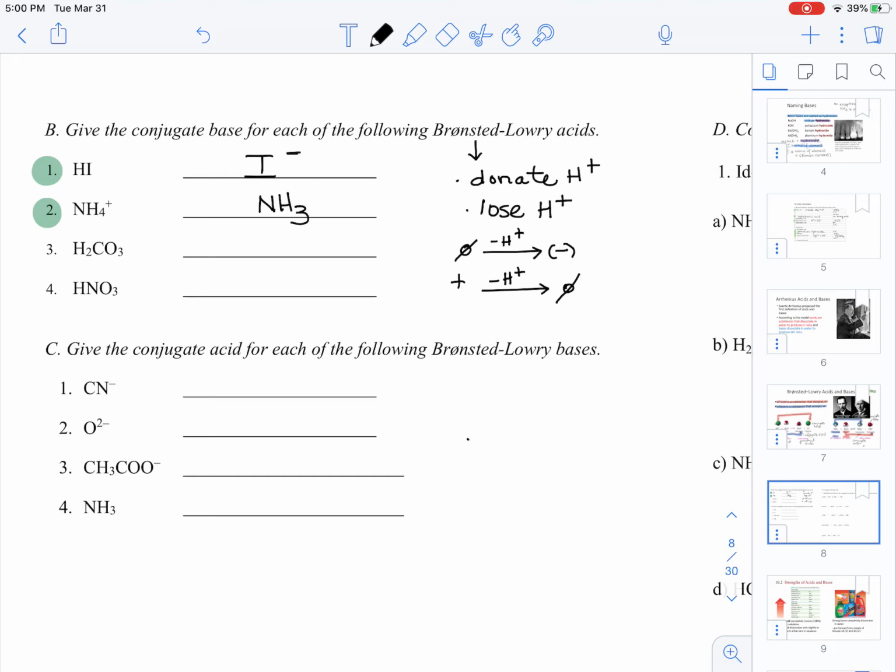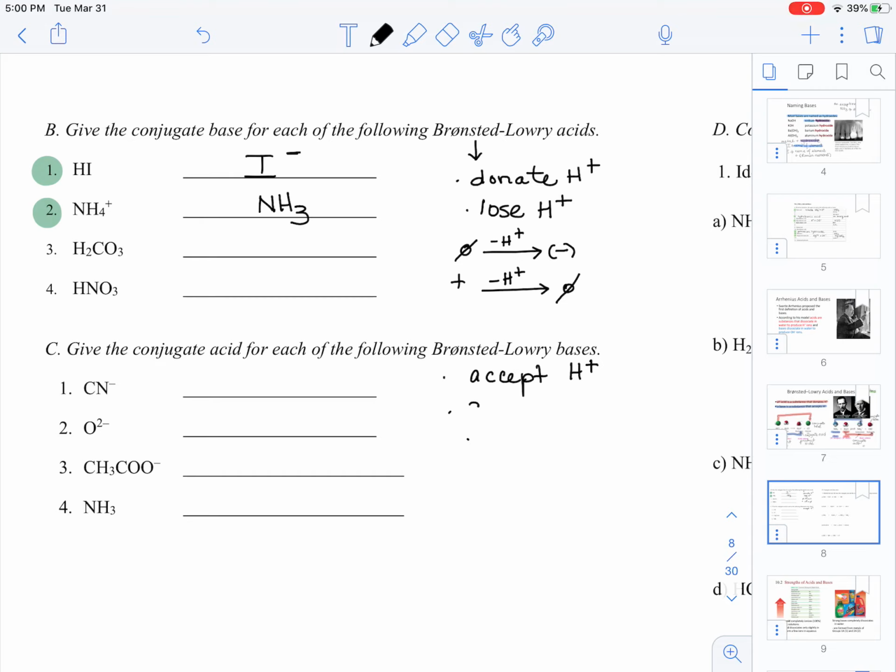I'm going to move on to Part C, which has to do with Bronsted-Lowry bases. As you can see in the instruction, it says, give the conjugate acid for each of the following Bronsted-Lowry bases. What that means is that if these molecules that we have in 1 through 4 in Part C are behaving like Bronsted-Lowry bases, they are going to accept H plus.